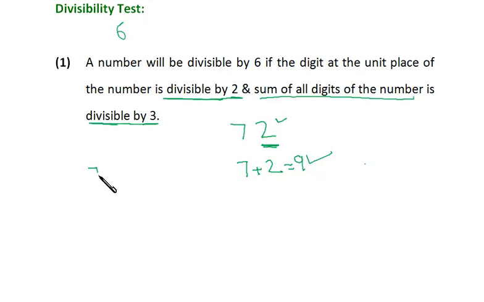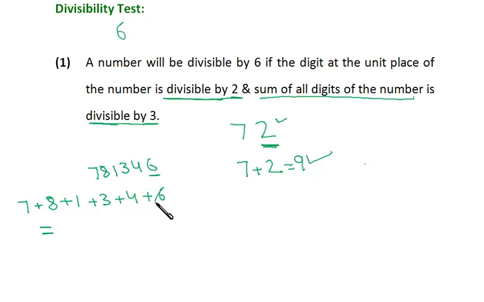Suppose we've got this number 7, 8, 1, 3, 4, 6, right? So 6, it is divisible by 2. Now the sum of all these numbers, so that is 7 plus 8 plus 1 plus 3 plus 4 plus 6.